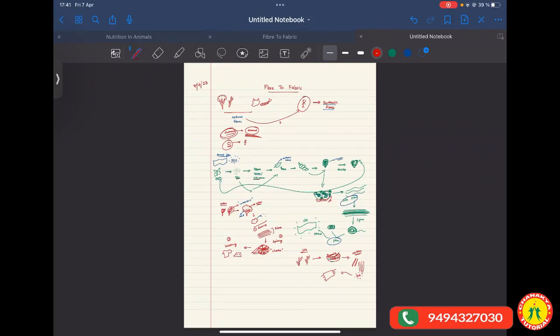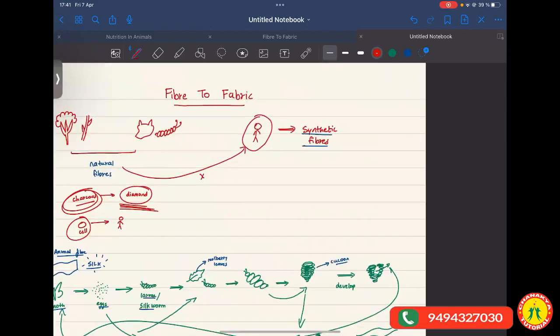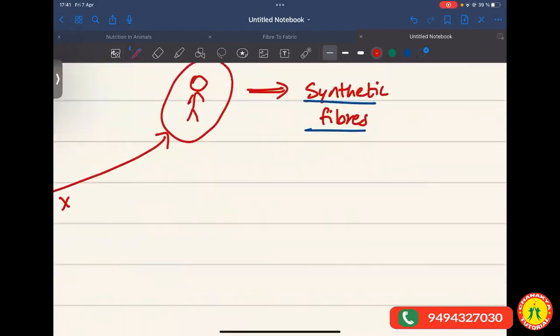Now we're going to see another type of fiber and where you get it. Other than cotton, I'll just give you examples of synthetic fibers. You just note it down and I'm writing it too. You have nylon.